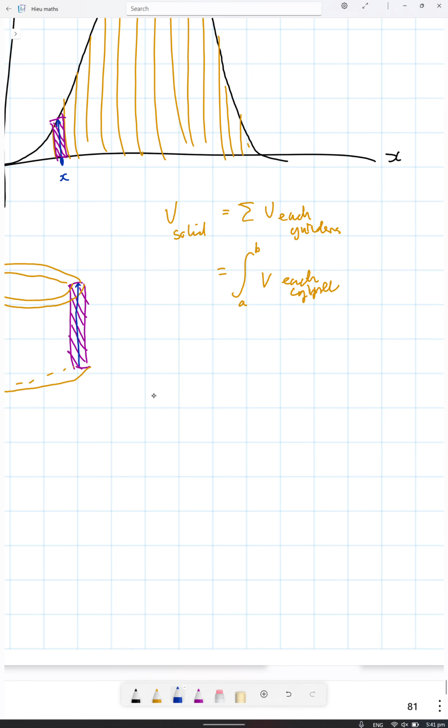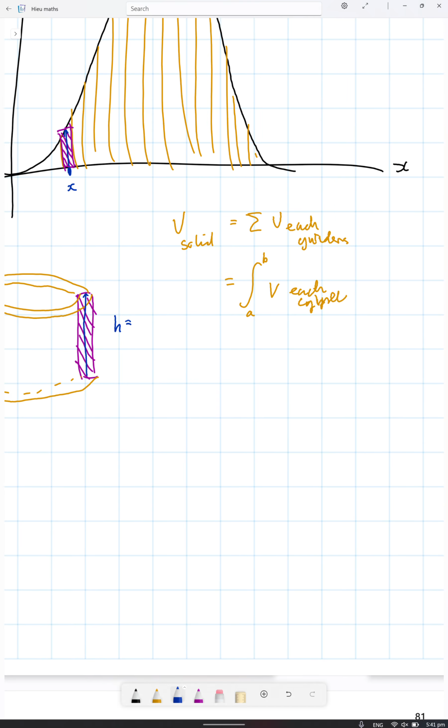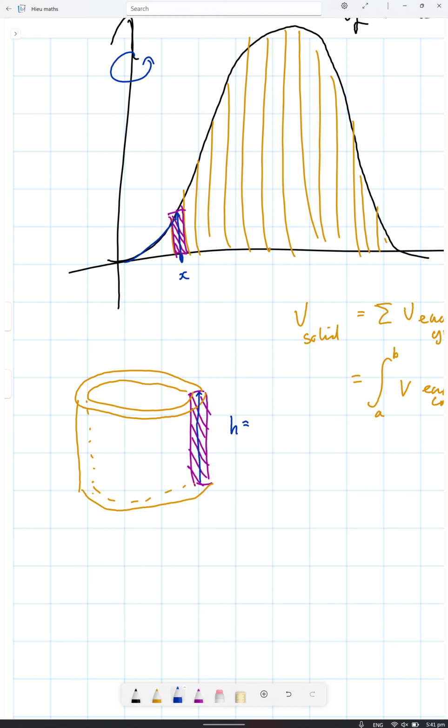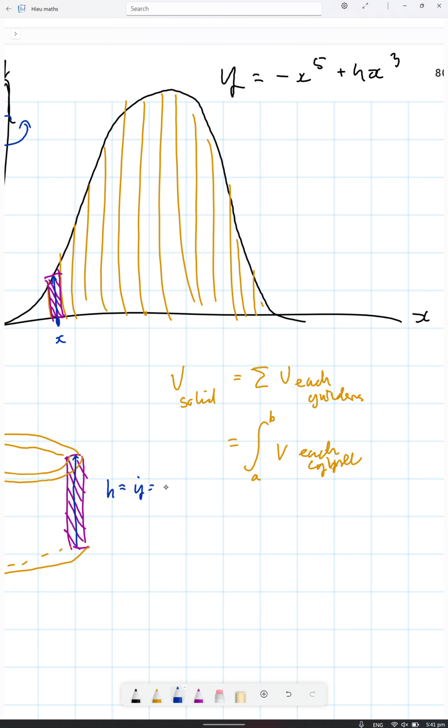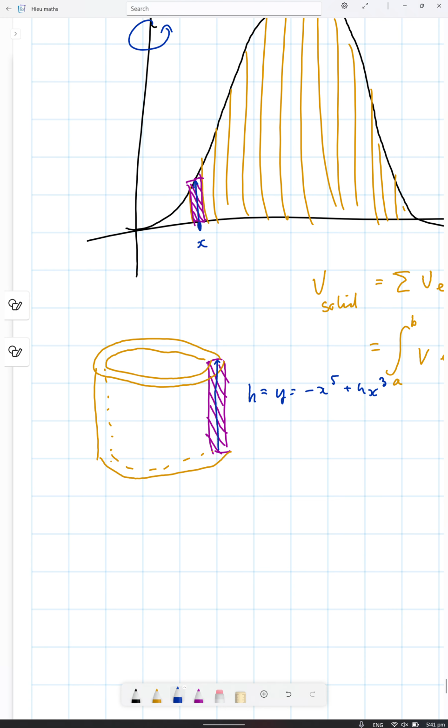So this height here is just the height of the line, and at any point on the line it's equal to y, which equals minus x to the 5 plus 4x cubed.